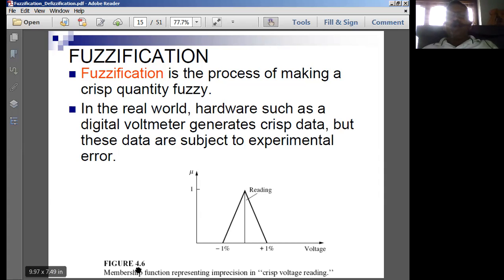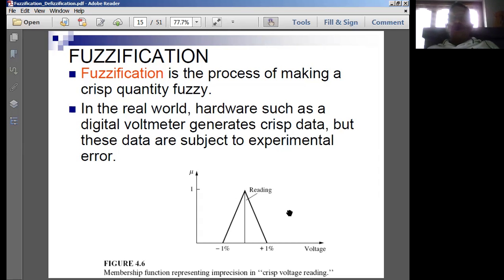Now, what is a real world example that we can think of? A hardware system such as a digital voltmeter generates crisp data. The digital voltmeter reads the data from the circuit and gives the crisp data to the end user.